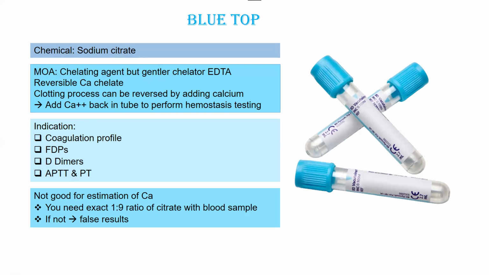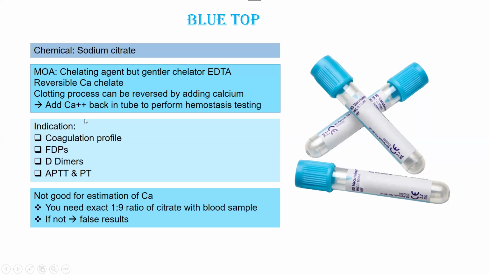That's why, if you have blood in these tubes and you want hemostasis testing, you can add calcium back and the clotting process will begin, and you can see whether the process of hemostasis is going well or not. Like you can have all those values with you.